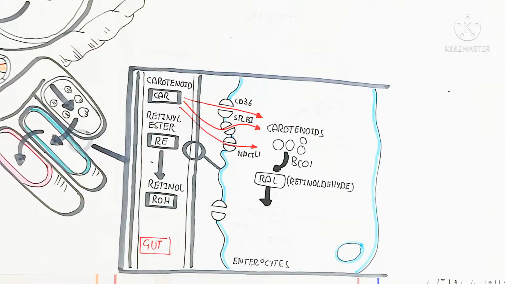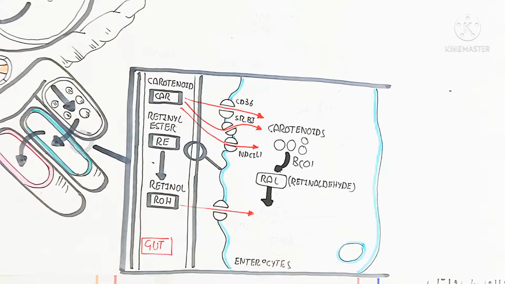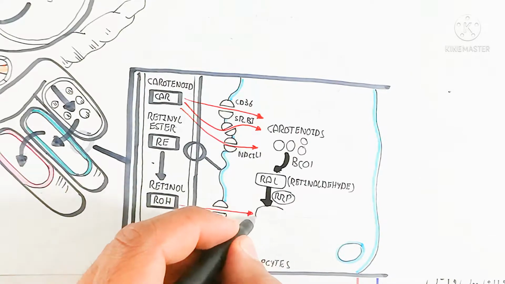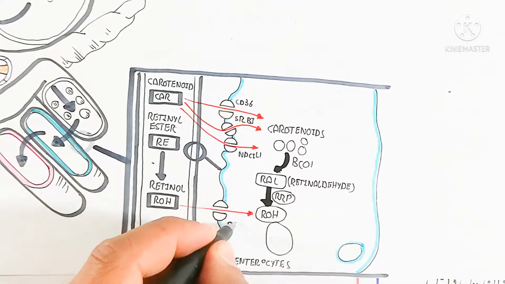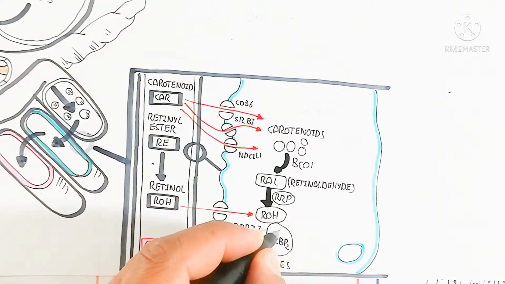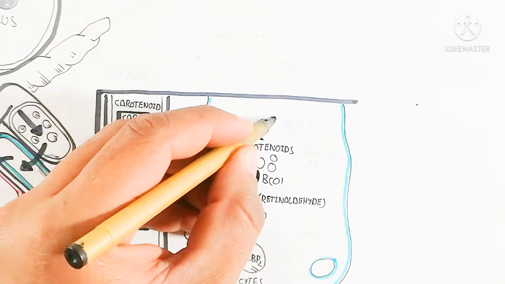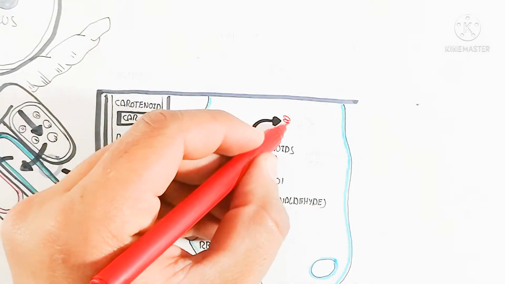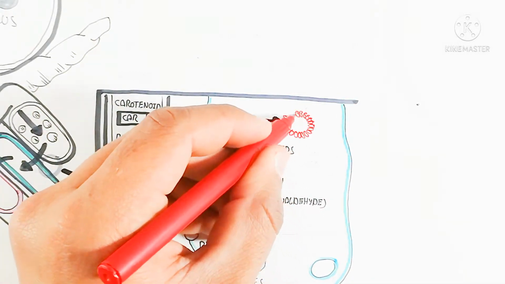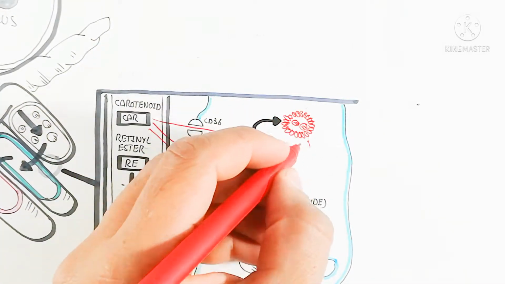So this is the enterocyte of the duodenum. And here is the retinol. This retinol contains a hydroxyl group and will also enter through a retinol binding protein receptor 2, possibly through a transporter channel, while retinyl ester formation also occurs.